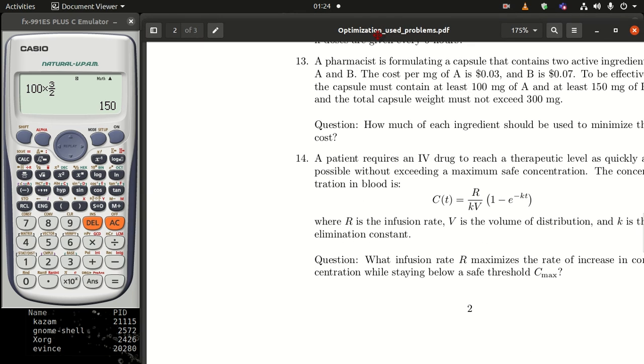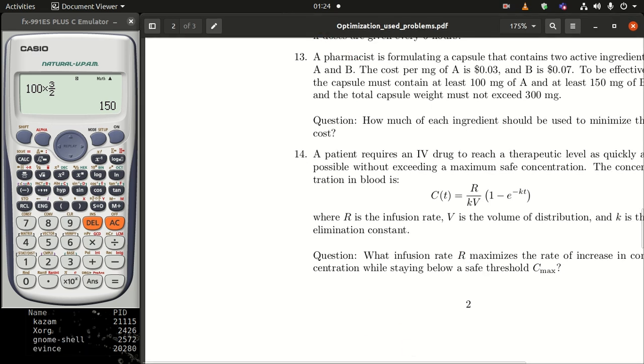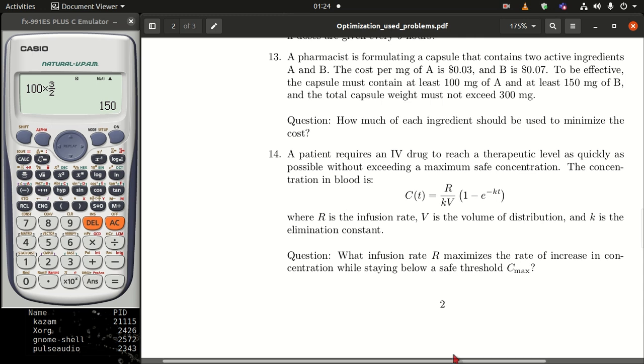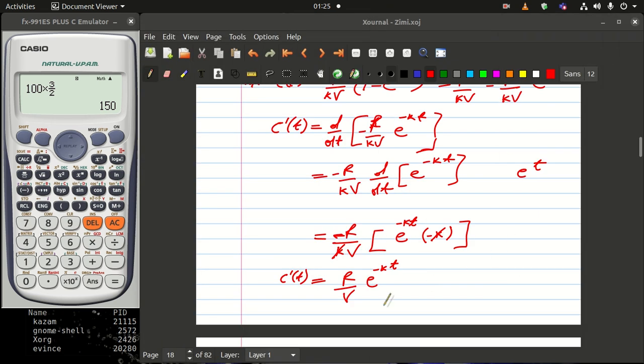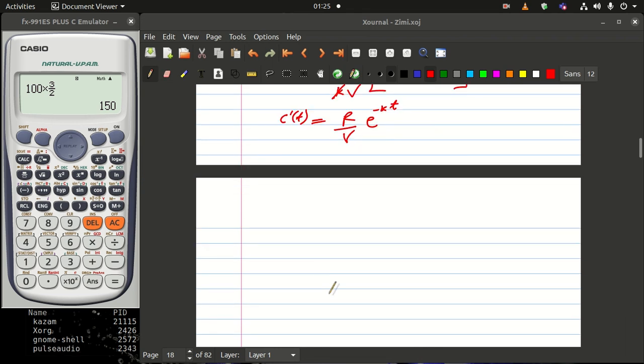Now this question is actually asking something specific. We wanted to maximize the rate of increase in concentration, so we wanted to maximize the first derivative. For the first derivative to be maximum, we want the second derivative with respect to time to be equal to 0.